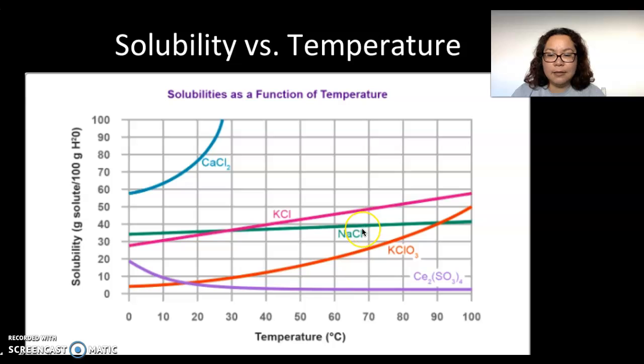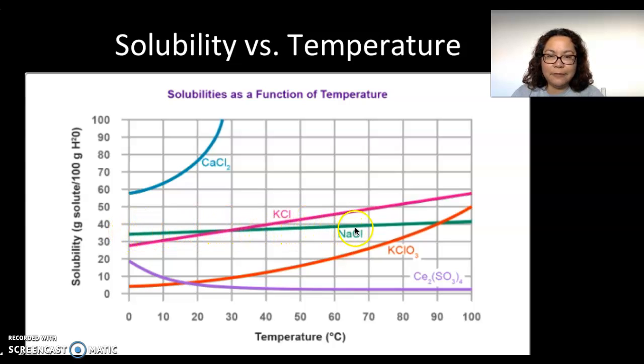We've got NaCl over here, sodium chloride. This sodium chloride shows the least amount of change in solubility from 0 degrees to 100 degrees. How do I know that it has the least amount of change? Take a look at the slope.